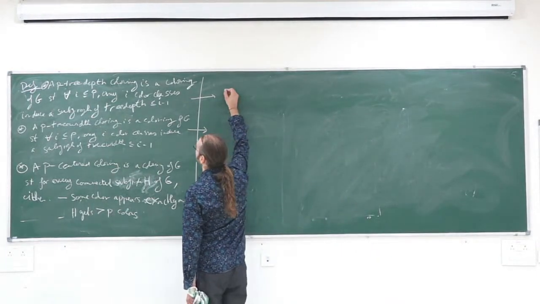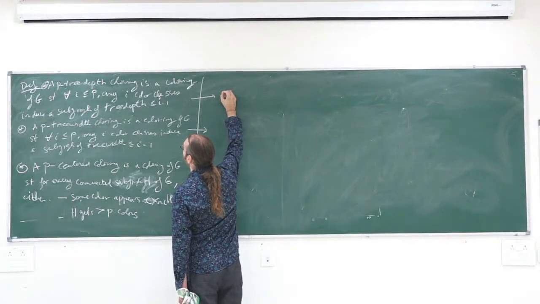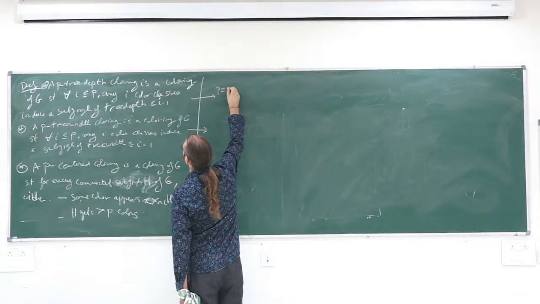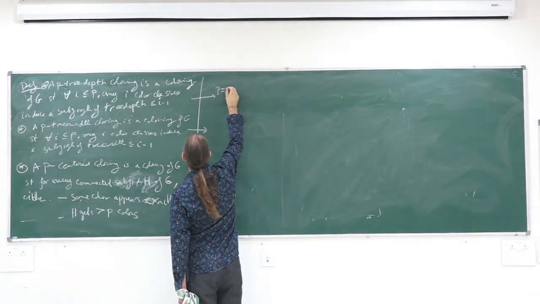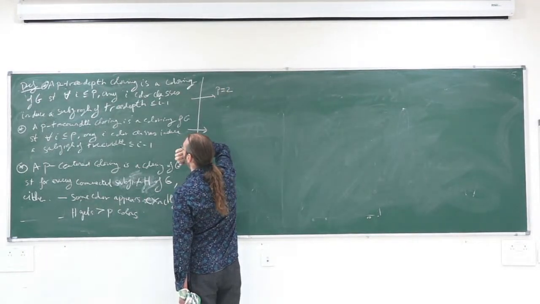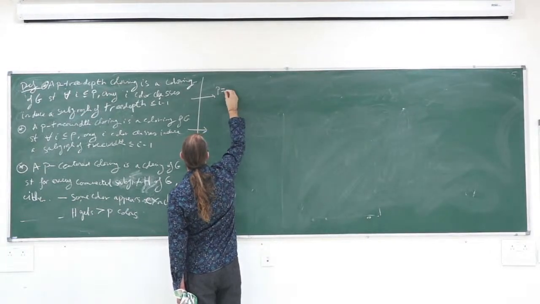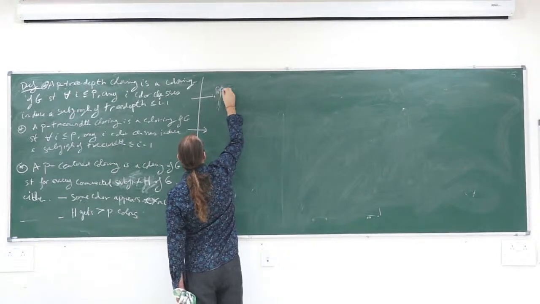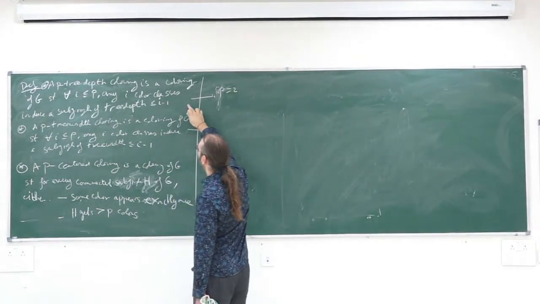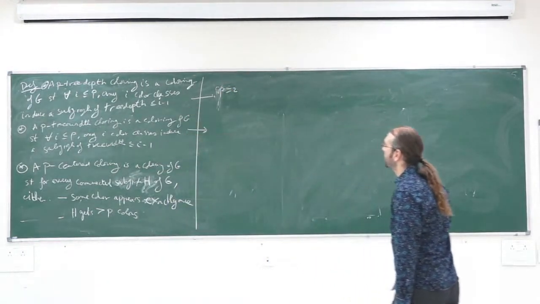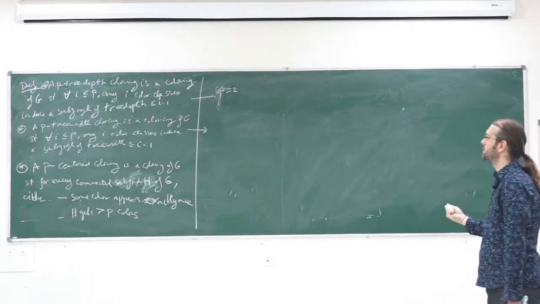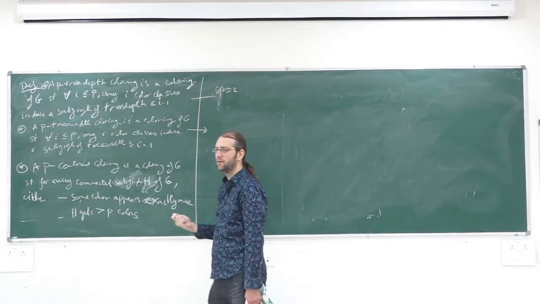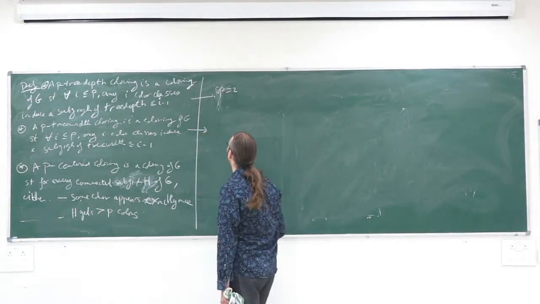So for p equals 1, it's just a proper coloring. But for p equals 2, this one will be star coloring, because that means any two color classes have treewidth 1, which is a collection of stars.